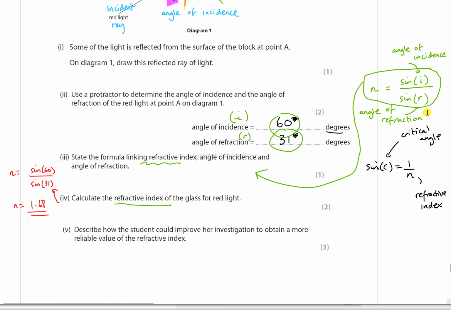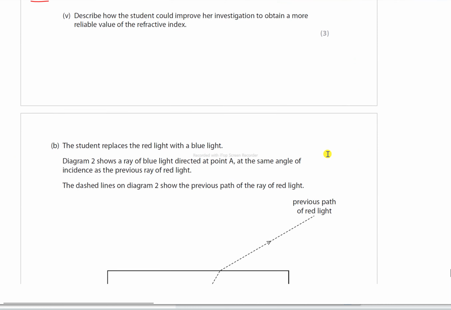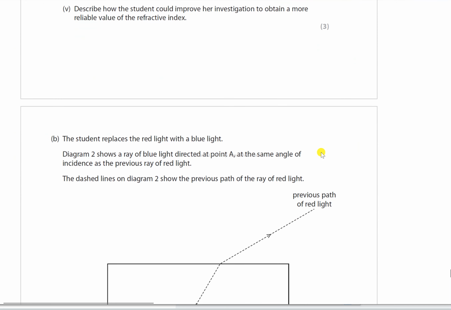Describe how a student could improve the investigation to obtain a more reliable value of the refractive index. Right, okay. The first thing you can do is repeat readings at each angle. So do a few readings at each angle.